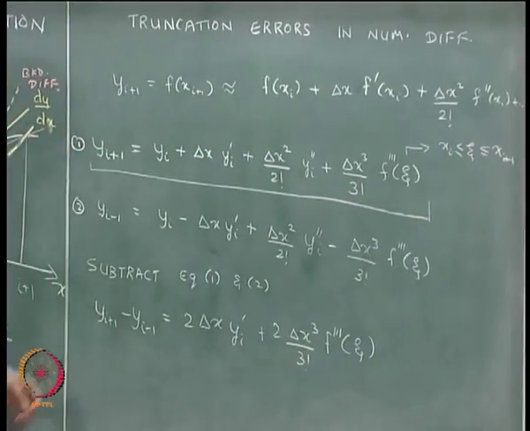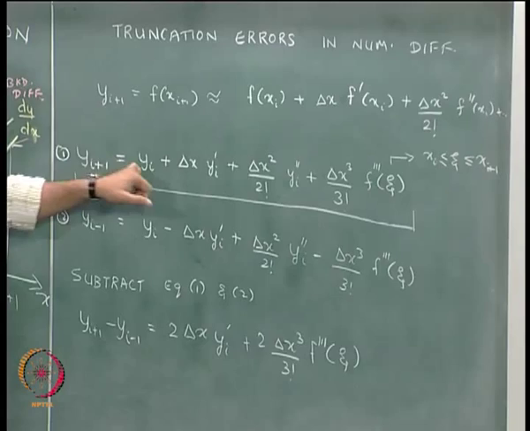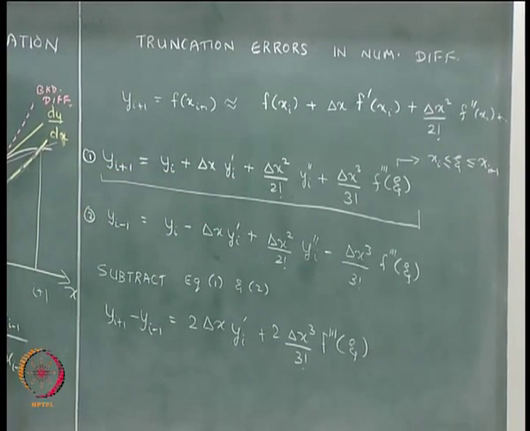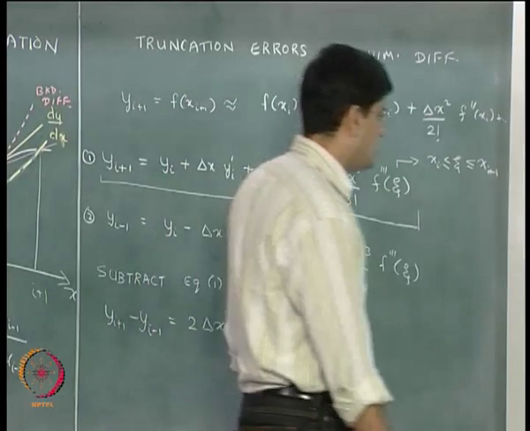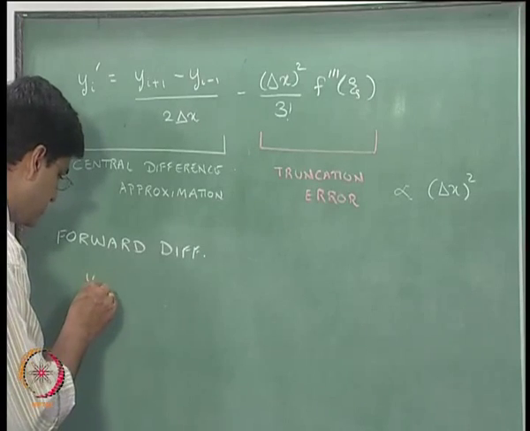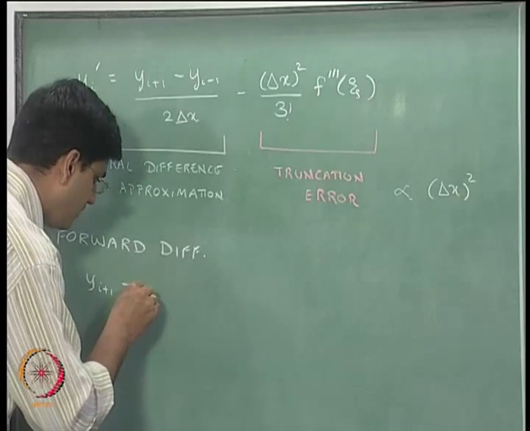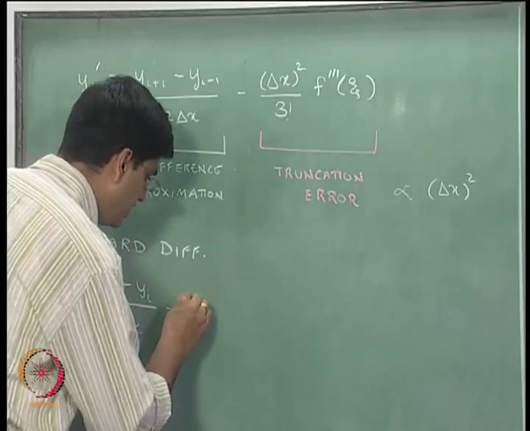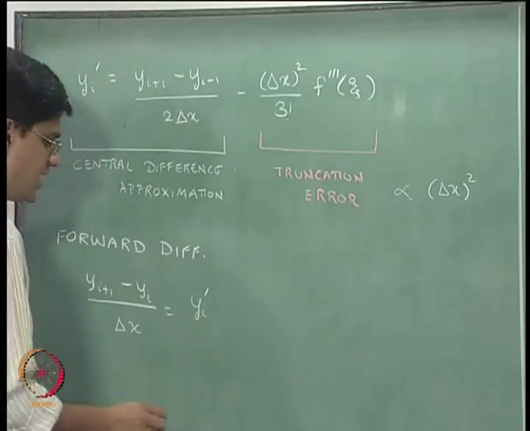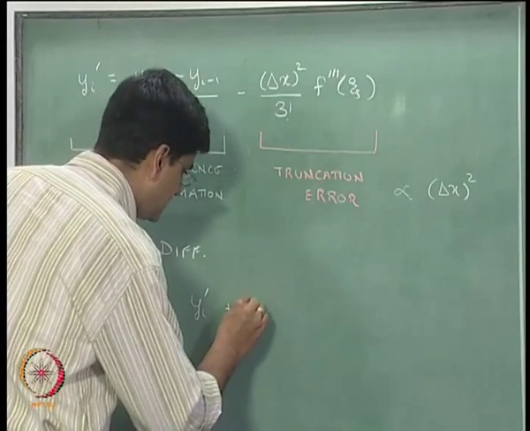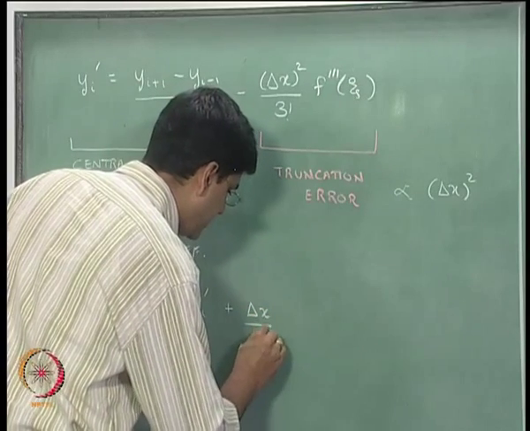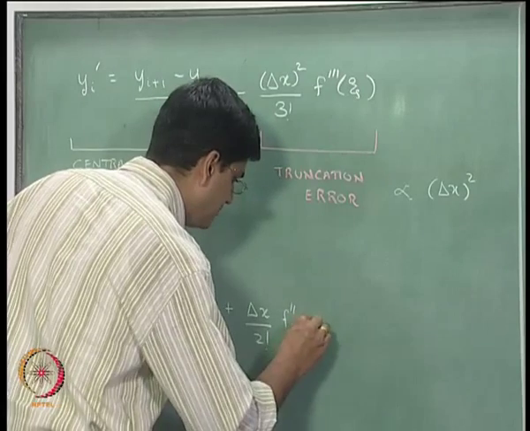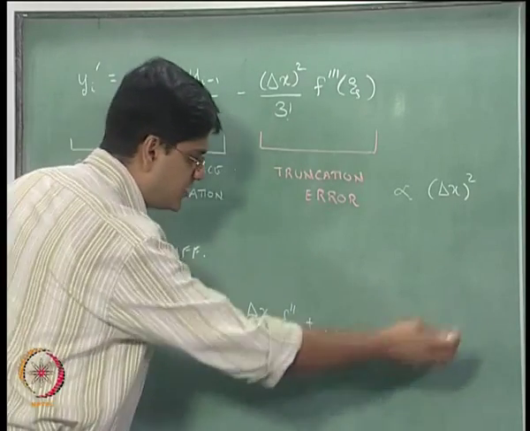Okay, what we will do is we will take yi on to the left hand side and divide throughout by delta x. When we do that, what we will get is yi plus 1 minus yi divided by delta x is going to be equal to yi dash plus delta x by 2 factorial f double dash of I plus a bunch of other terms.